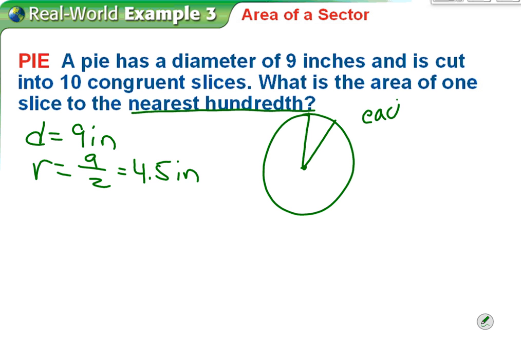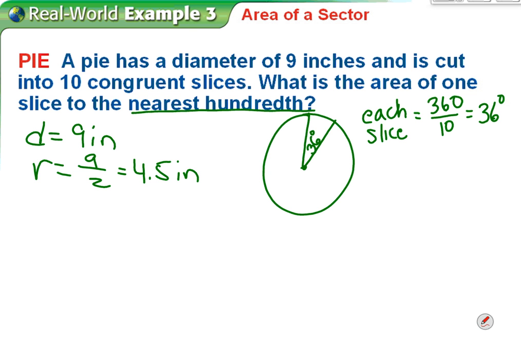To figure out what my central angle is for each slice, I'm going to take 360 divided by 10, and so that's 36 degrees. So this angle is 36 degrees. And if you're thinking this through, you'll see that something else happens there as well.